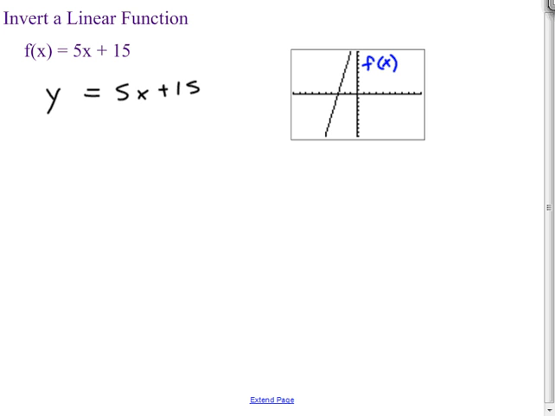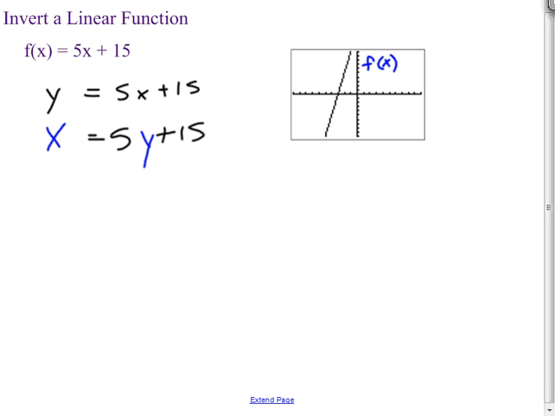Now we are going to actually perform the inverse operation. To find the inverse of this function, we are going to interchange our x and y value. So the y value becomes the x value becomes the y. Everything else is still the same. However, when I'm finding the inverse function, it's going to have to be solved for y.